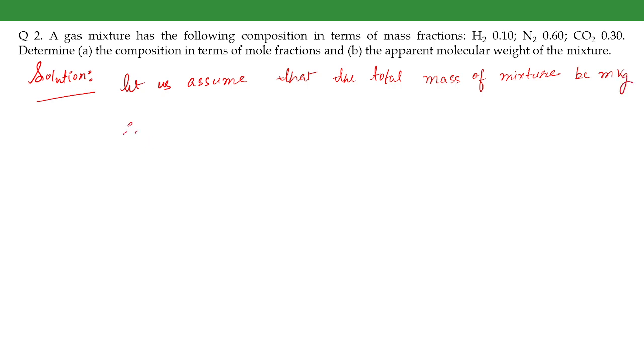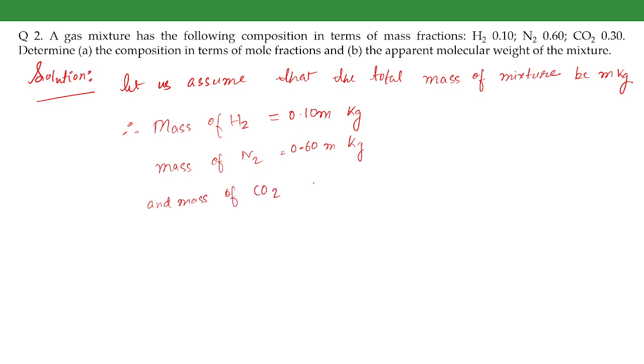Therefore the mass of hydrogen in the mixture will be 0.10 m kg. The mass of nitrogen will be 0.60 m kg, and the mass of carbon dioxide is 0.30 m kg.